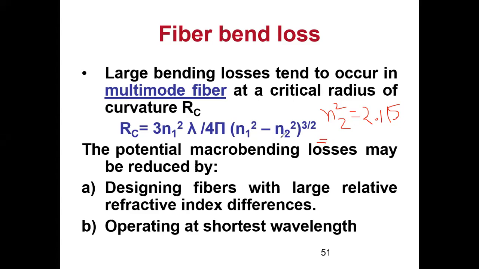N1 has no unit, it's a ratio, so the unit will only be of lambda, which is given in micrometer. Whether you get micro, milli or nano, the radius unit will be in meters. We don't write in centimeters. Now tell me what value you are getting.